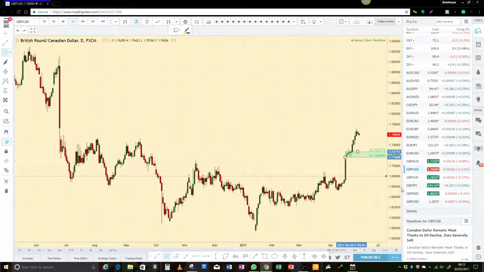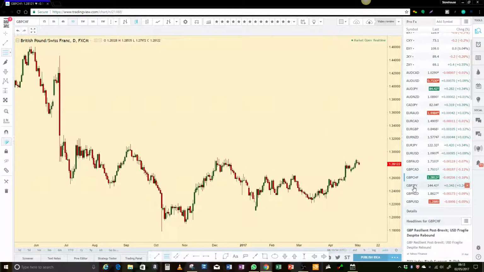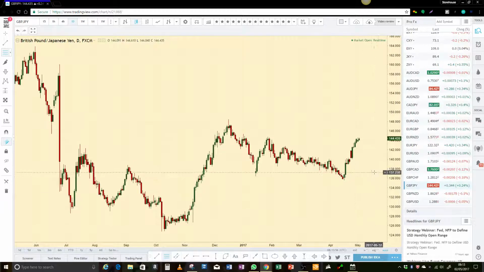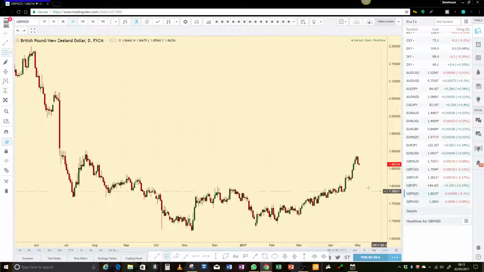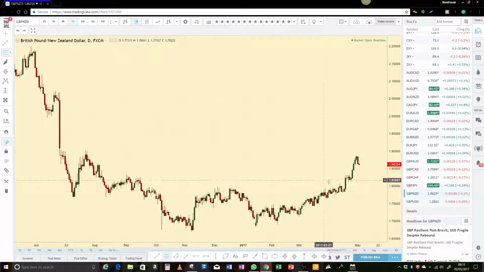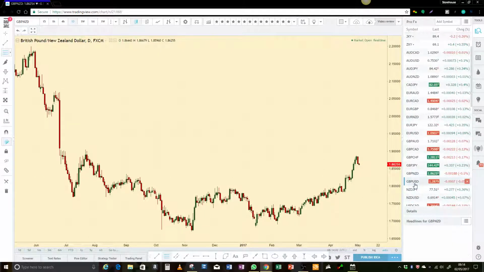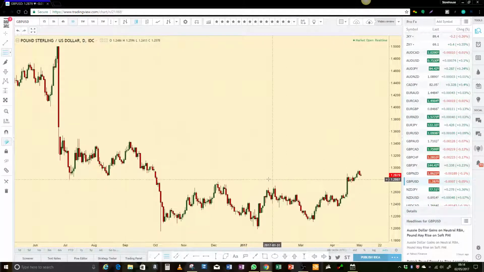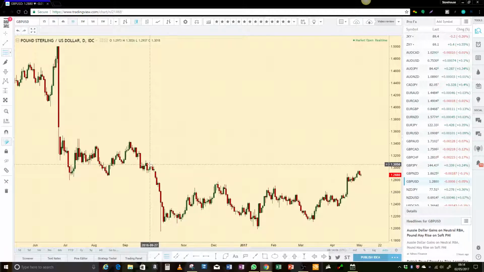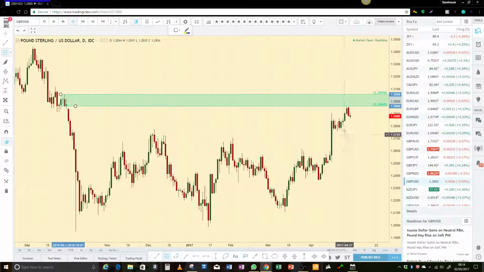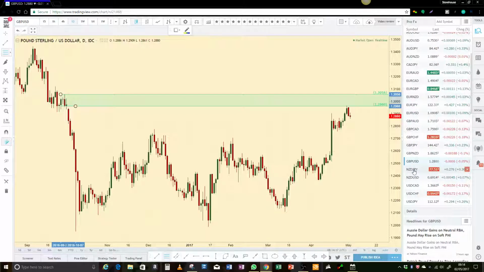So this one has room to go. There's just not anything to do right now. It's not really looking that exciting for a lot of the pound pairs, to be honest. I can see we're sitting in sort of that area. We've hit that area, but anyone who's short here will still have this to deal with, so there isn't that much room there.